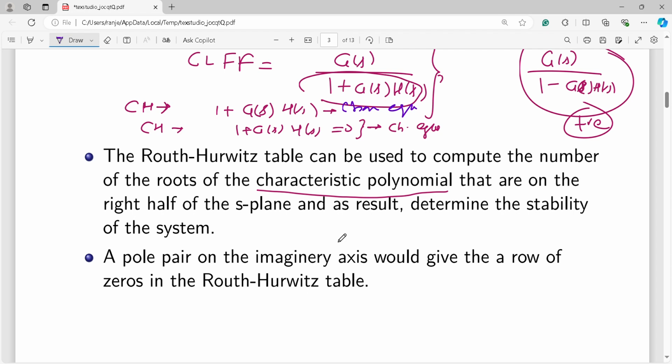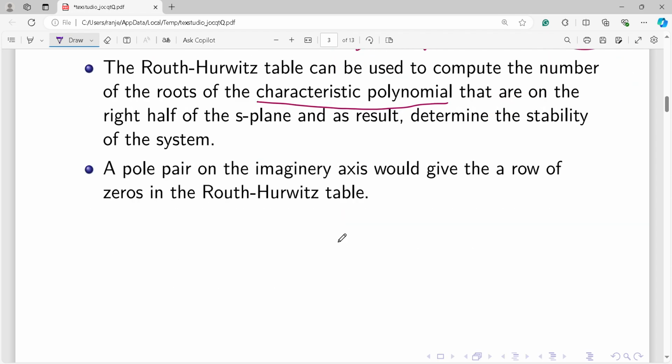As we know, a pole pair on the imaginary axis would give a row of zeros in the Routh-Hurwitz table.